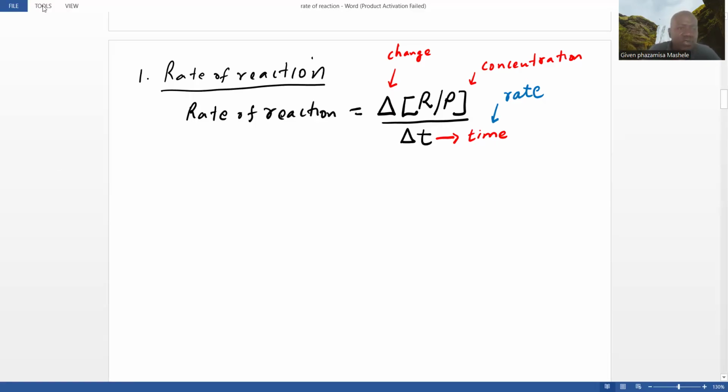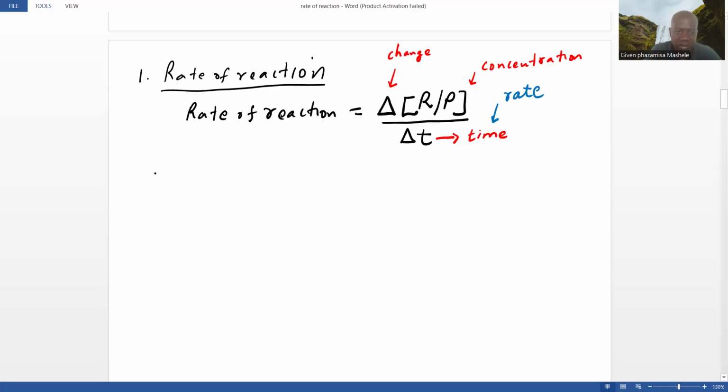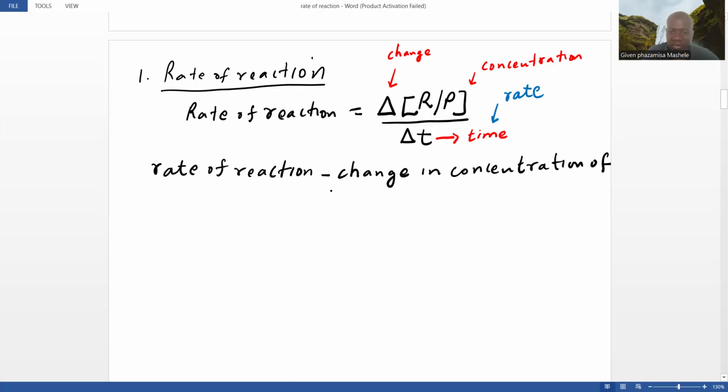So what is the general definition of the rate of reaction? From the formula, we can define rate of reaction as the change in concentration of reactants, which is the R, or products, per unit time.